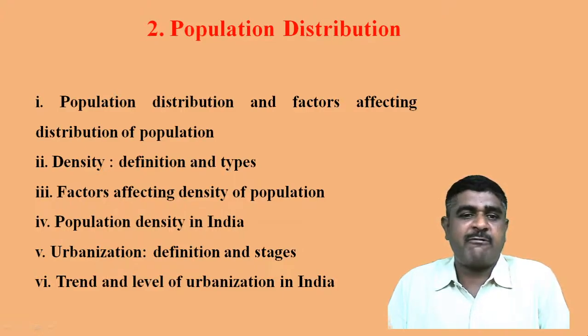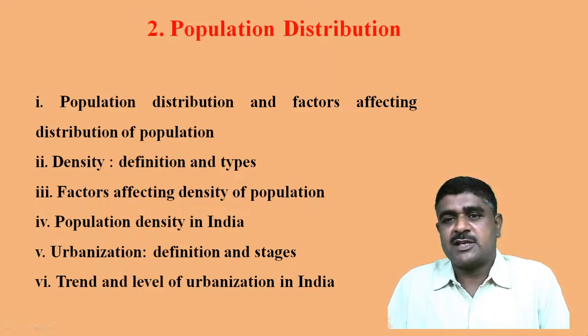There are a number of factors which have a lot of influence on population distribution. They are physical, social, economic and political factors, which have positive as well as negative influence on population distribution.